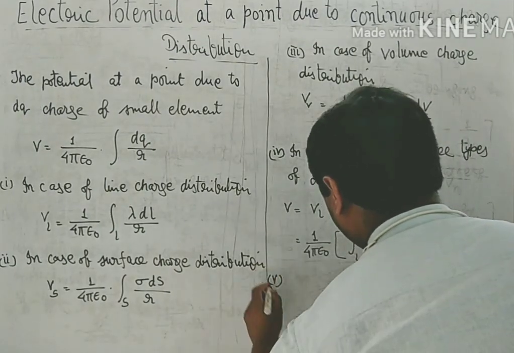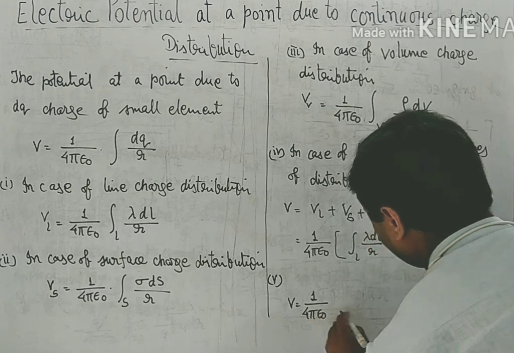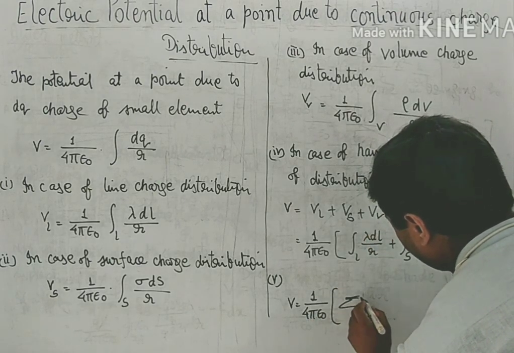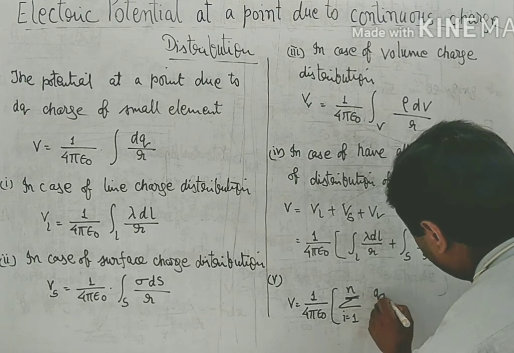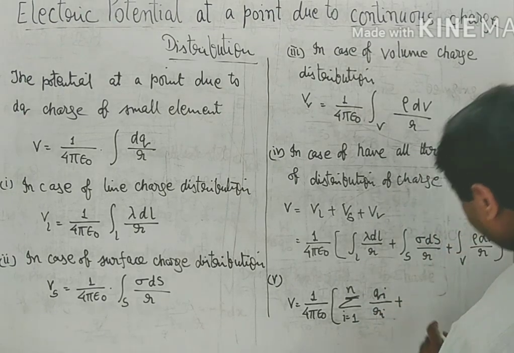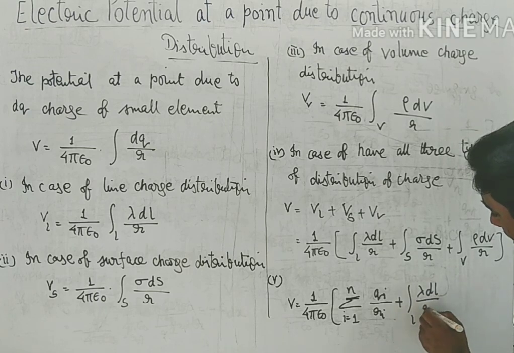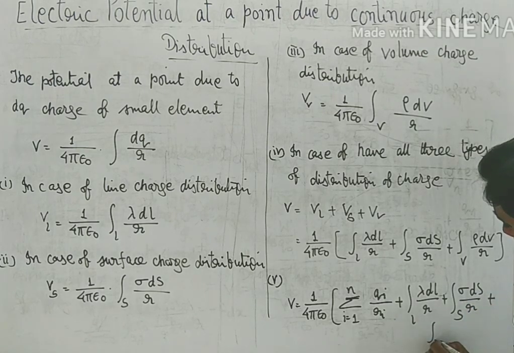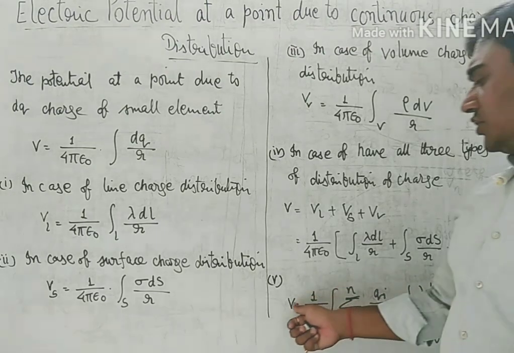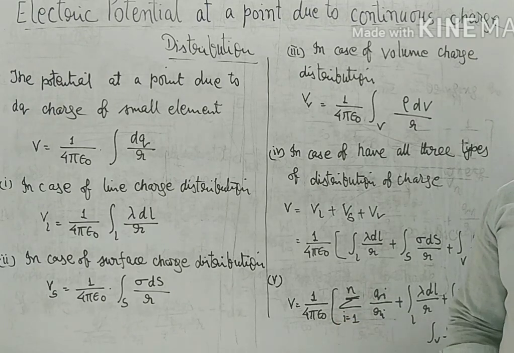For the fifth case, I am directly writing potential will be 1 upon 4 pi epsilon naught, and in case of discrete charge distribution you have summation over i equal to 1 to n Qi upon Ri plus these three terms: integral over L lambda dl upon R plus integral over S sigma ds upon R plus integral over V rho dV upon R. So this will be the total potential due to line, surface and volume along with a few discrete charge distributions.